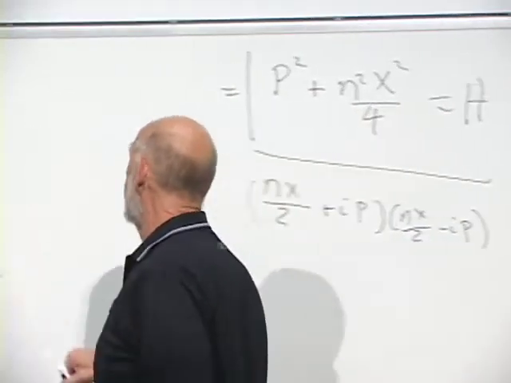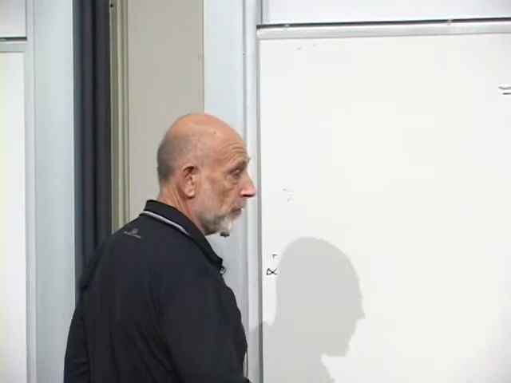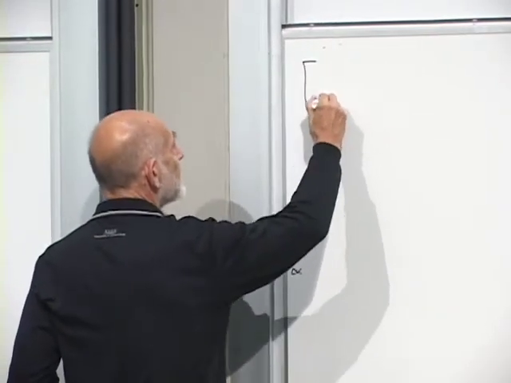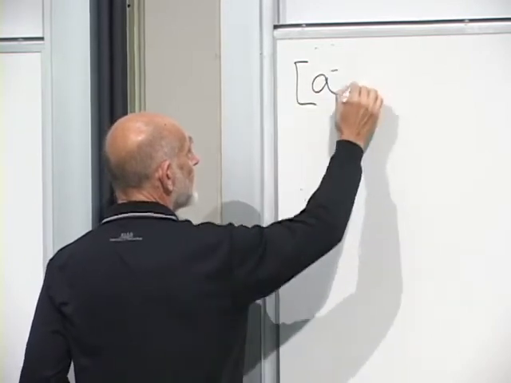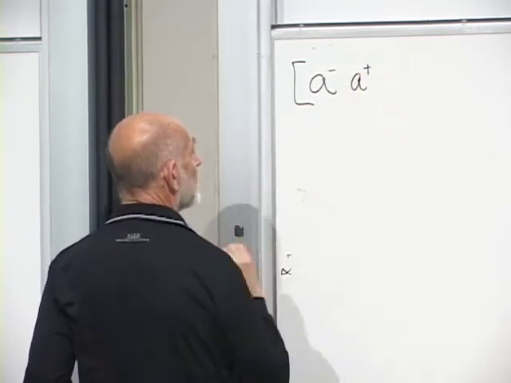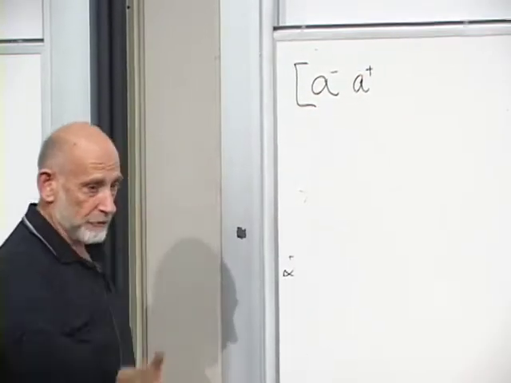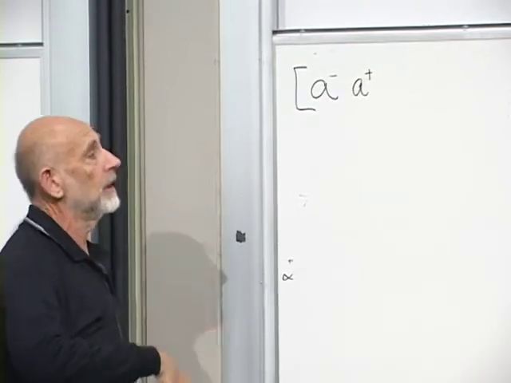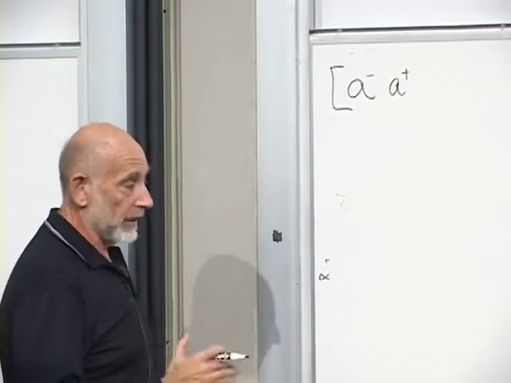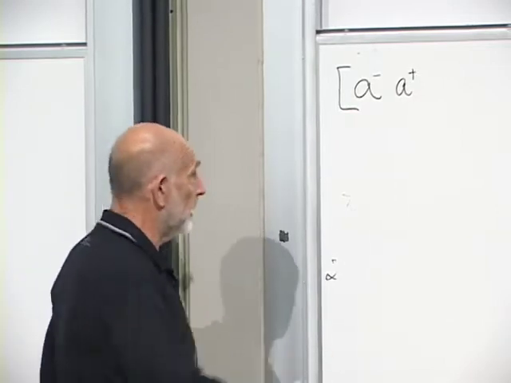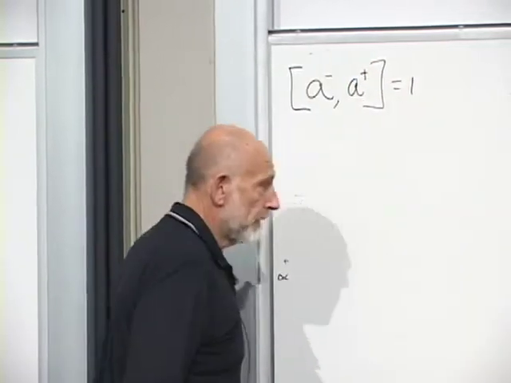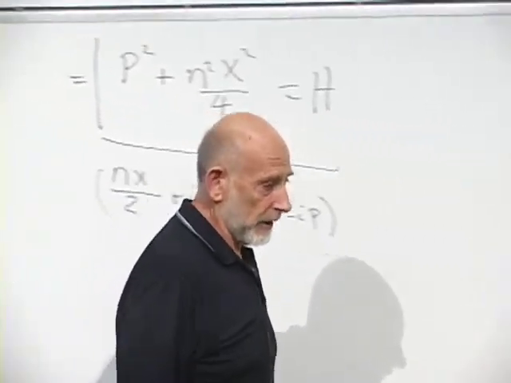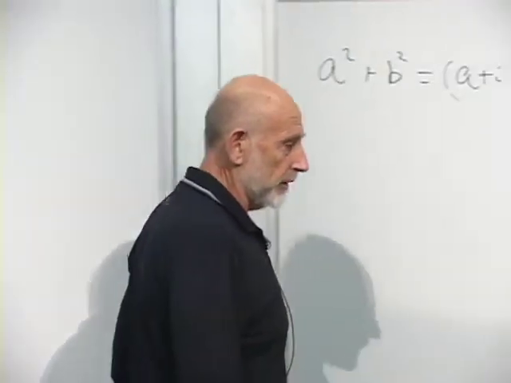I'll just put over here, to remind you, the commutation relations between annihilation operators, let's call them A minus, and creation operators A plus. A plus, when it acts, raises the energy by 1 unit. A minus lowers the energy by 1 unit. This commutation relation is just 1. So that's how we identify creation and annihilation operators.